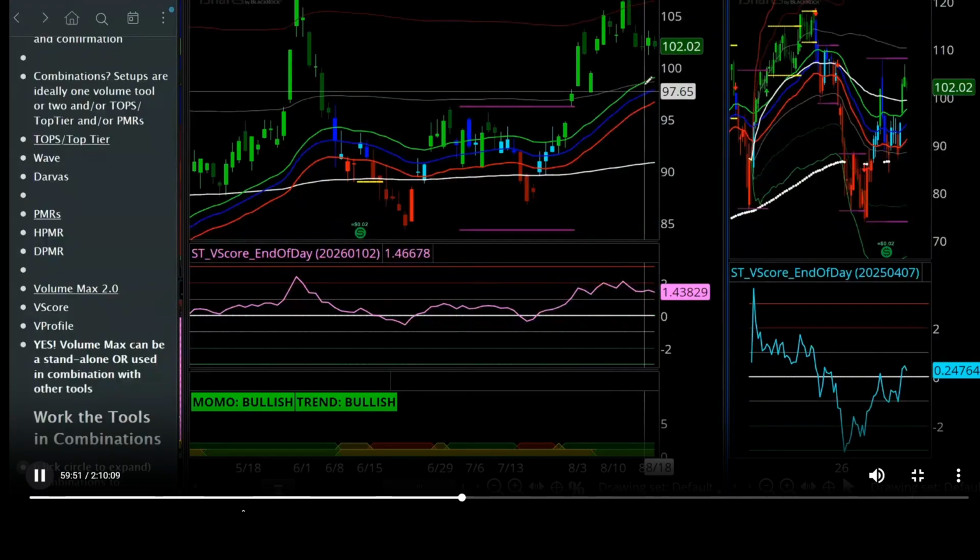I don't have anything to say, hey, there might be another reason for price to stop. So I would likely say, let's wait for a pullback to the wave and get that nice V-score. Okay? So a lot of times you might have multiple levels or multiple V-scores you can consider. Find the ones that are working together.